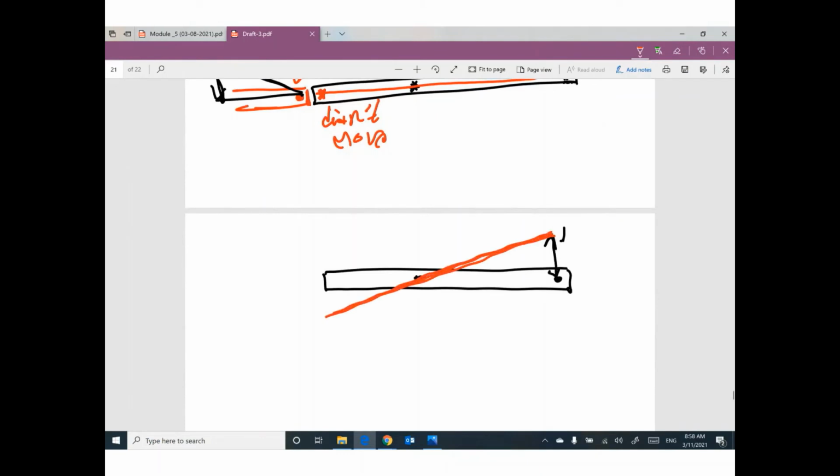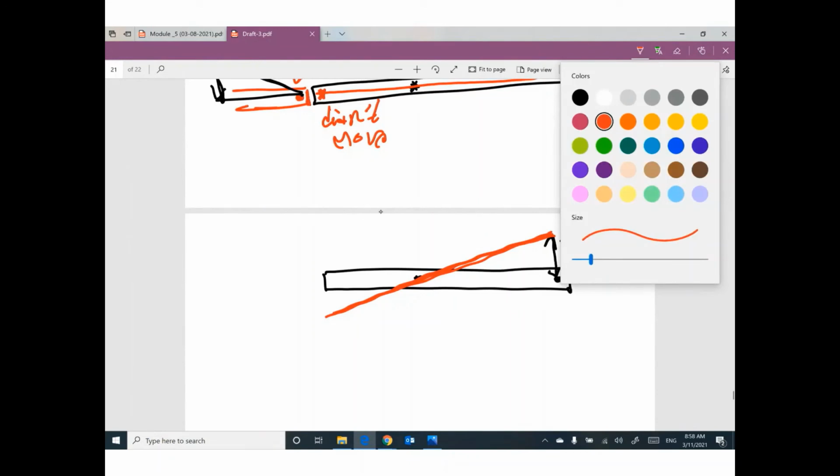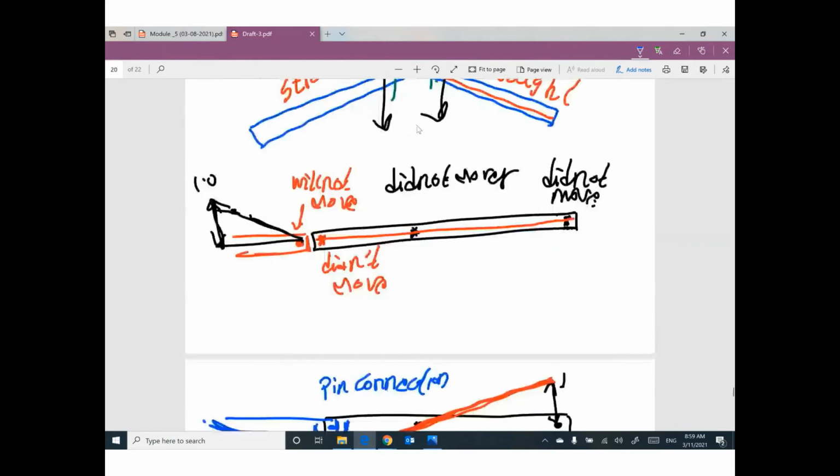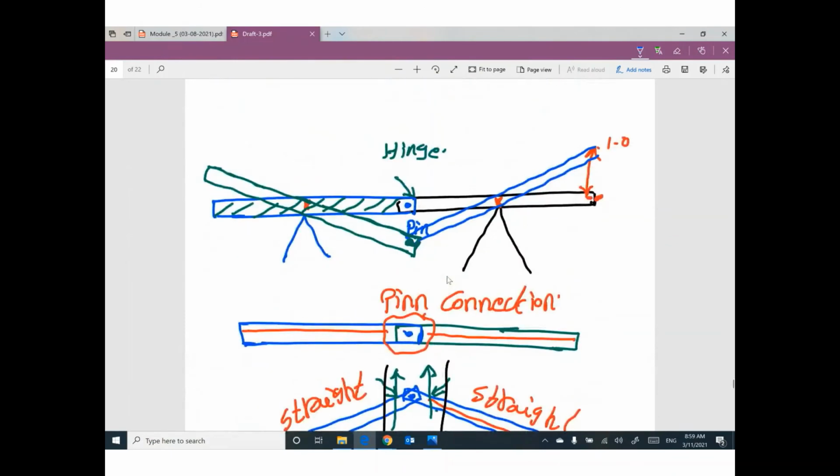If this piece is connected here by another piece at this pin connection, this side of the connection moved down. The other side must follow. So the new shape of this side will be like this, like we did for this swing.